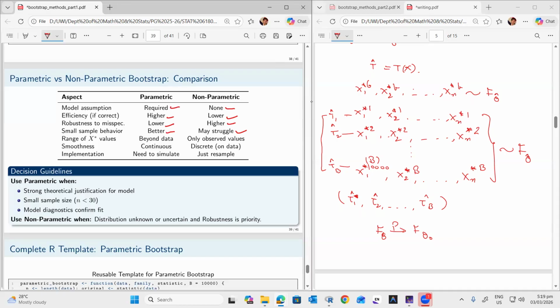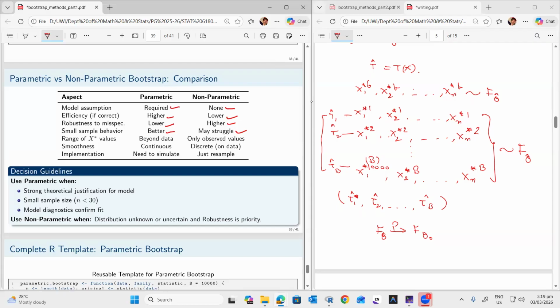In the non-parametric case, the data will come from the observed values only. As for smoothness, in the parametric case it is continuous, and in non-parametric it is discrete. For implementation, the parametric needs simulation, and in non-parametric you just resample again and again.